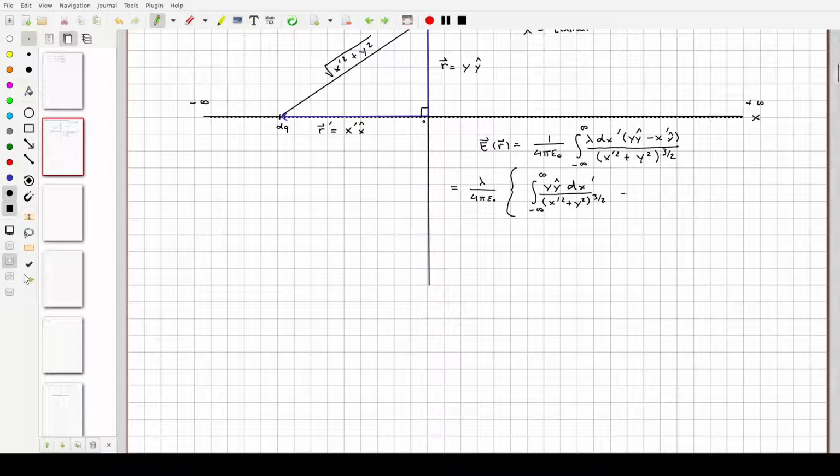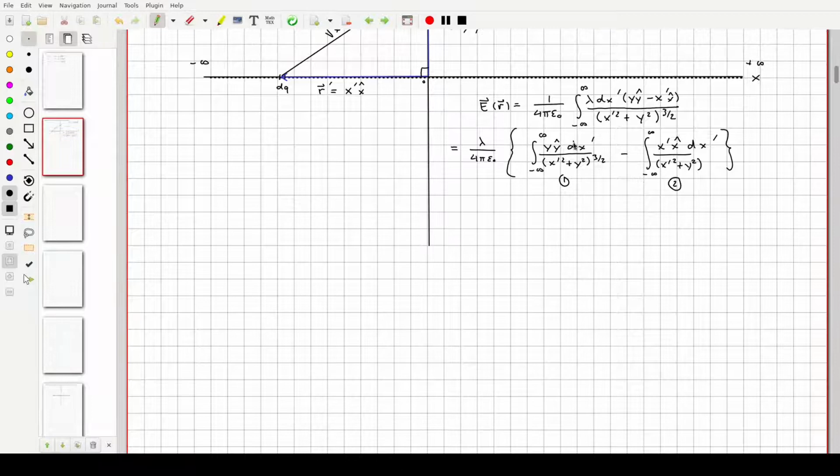And then we have the second part, which deals with x. So these are our two integrals that we're going to do. And I'm going to call this number 1 and this number 2.